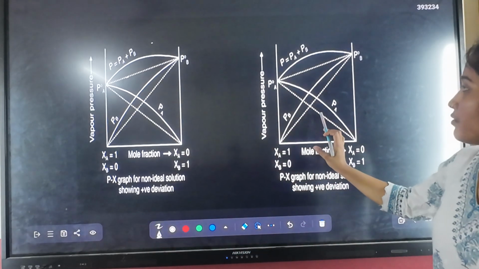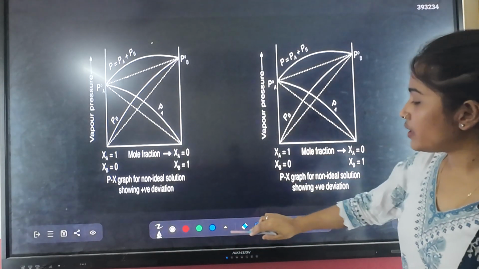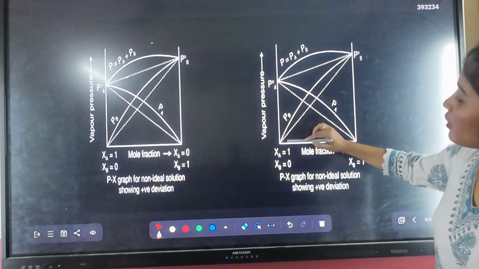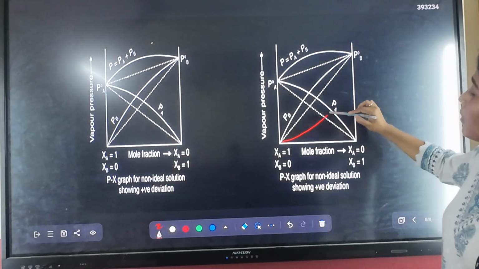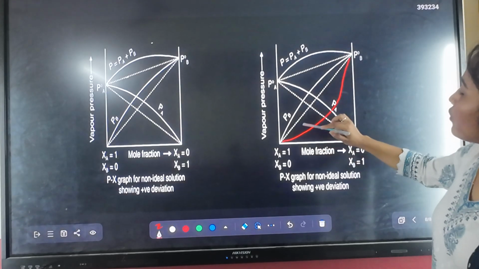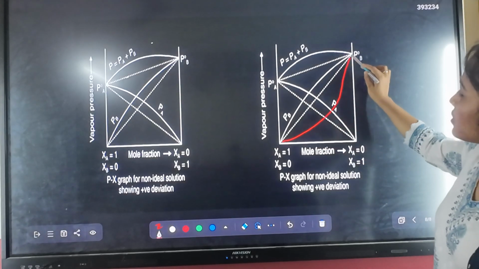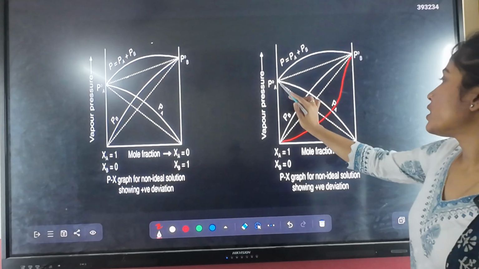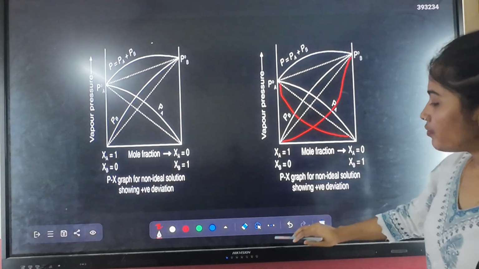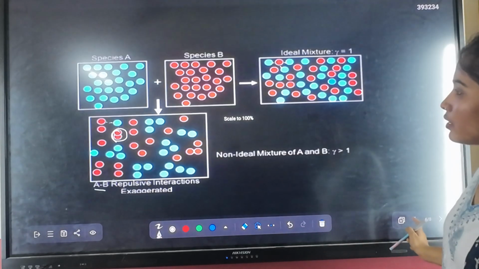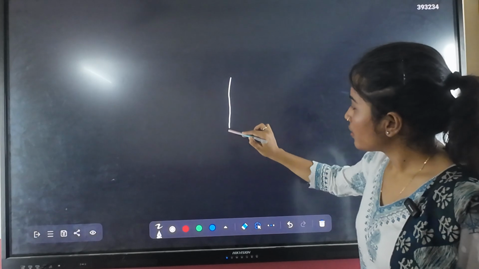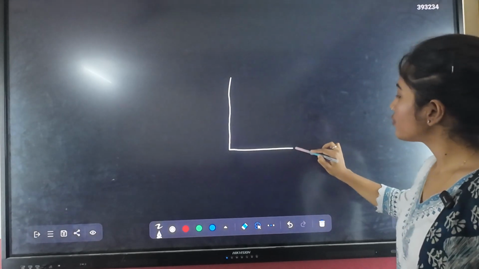And when I see the negative deviation, what happens? Okay, this graph got a little messy. Here, for negative deviation it will come on the downside. Here I have shown it for PB, and for PA it will come a little bit this side. If I want to show it properly, it will be in this way. This is my graph.